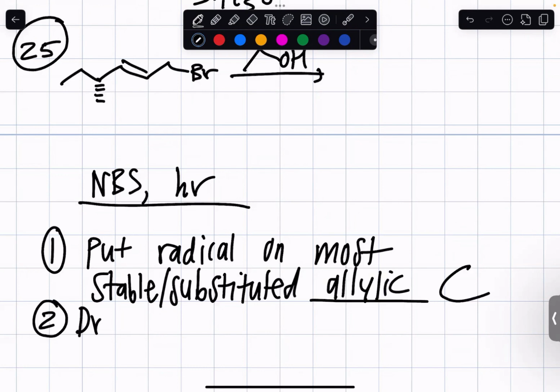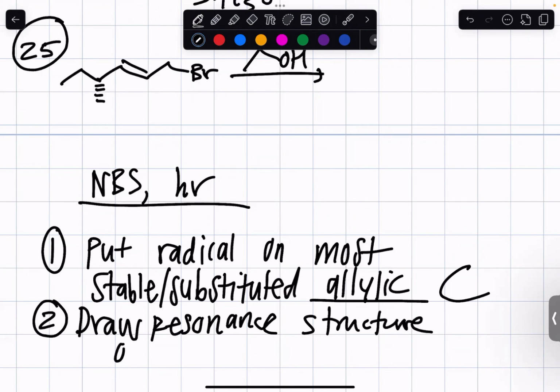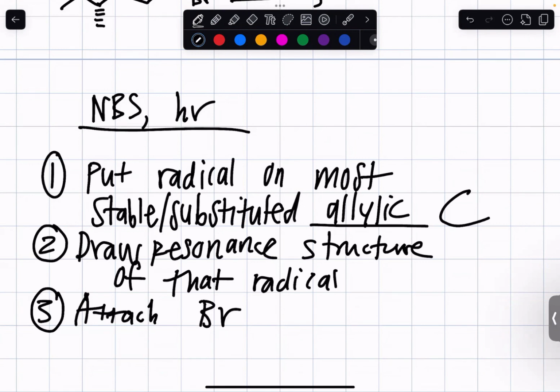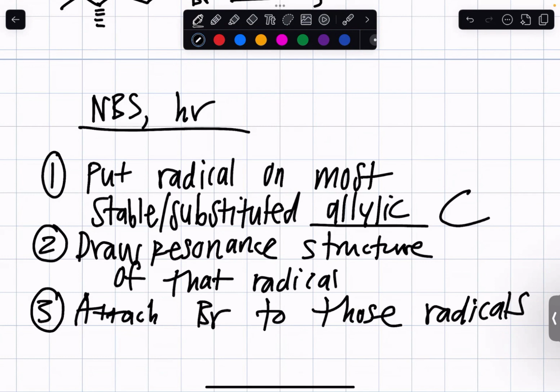Then draw the resonance structure of that radical. Then the last one is to attach the NBS bromine to those radicals. So those are the three steps that come to my mind when I want to predict the product quickly with NBS and light.